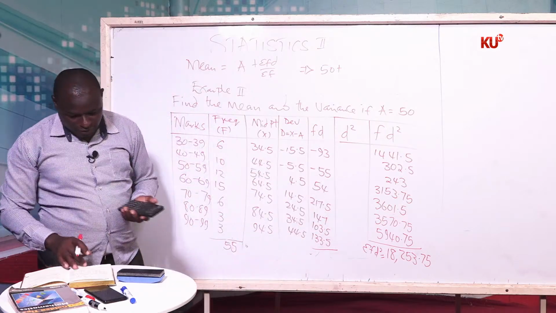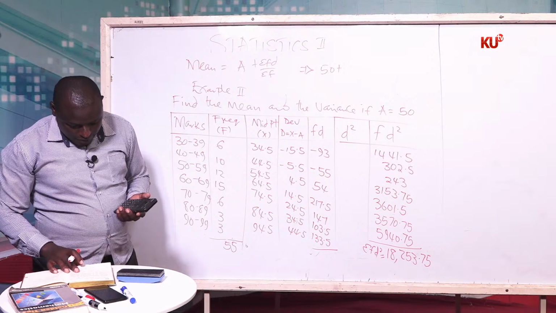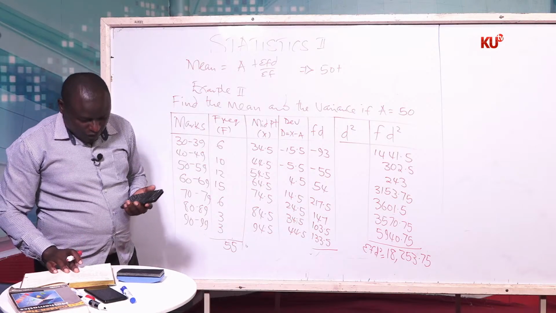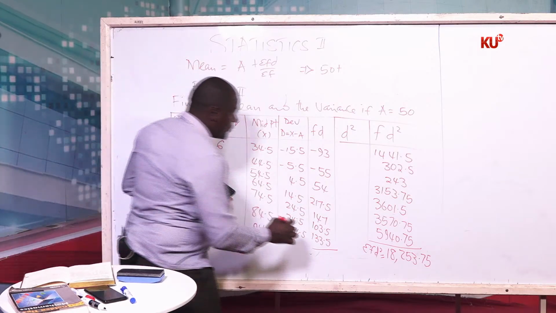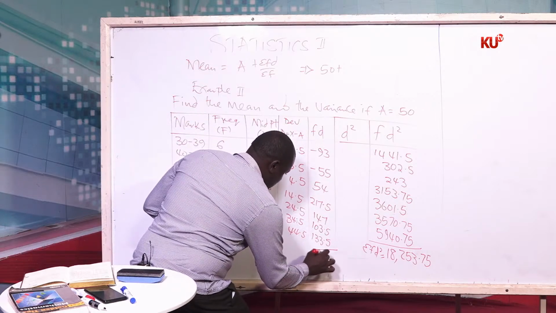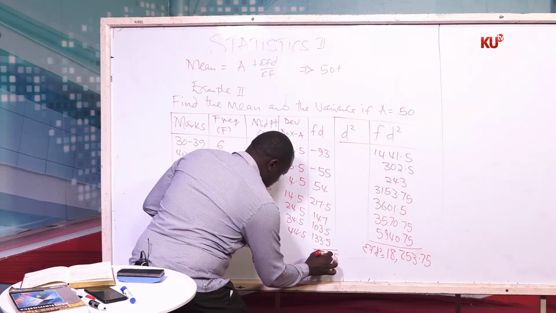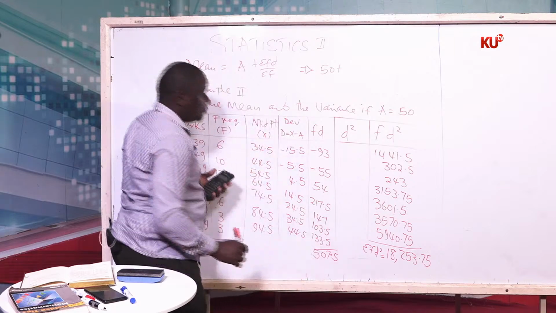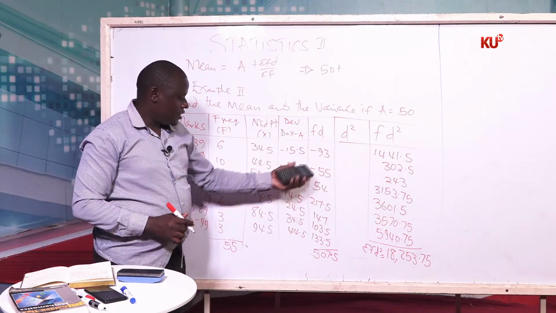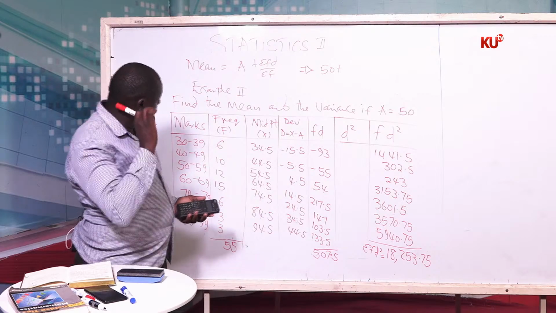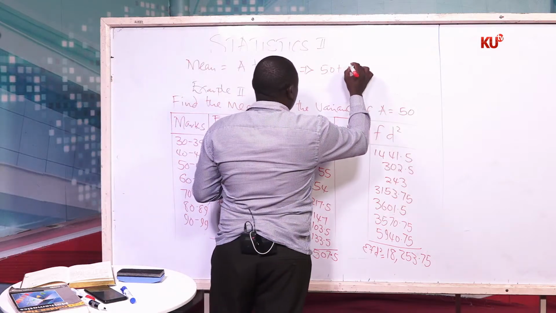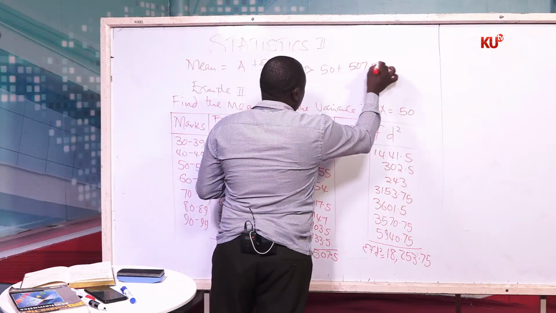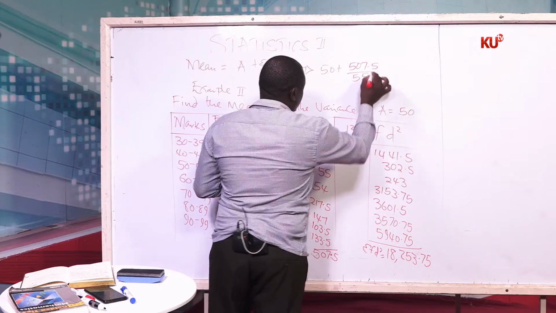Let's get this sum of FD. It's coming to 507.5. If you add these values, it's 507.5. Then it's 50 plus 507.5 divided by 55.